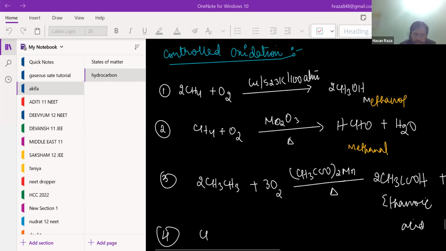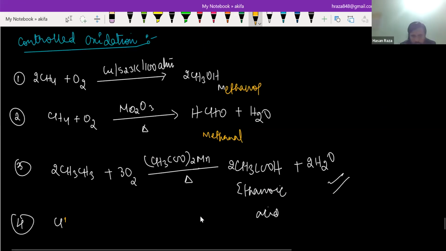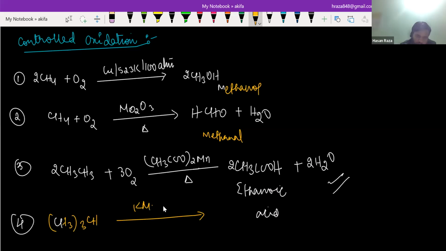If you take tertiary carbon (CH3)3CH, and you take a strong oxidizing agent KMnO4, that is oxidation. You are oxidizing it. Then (CH3)3COH will form, that means alcohol. 2-methylpropan-2-ol, we can name it.